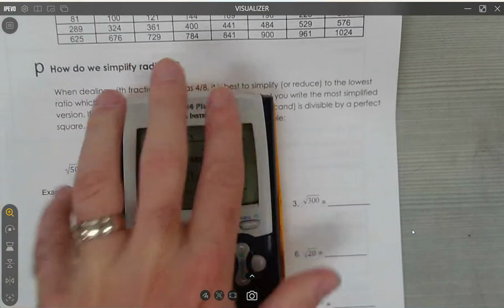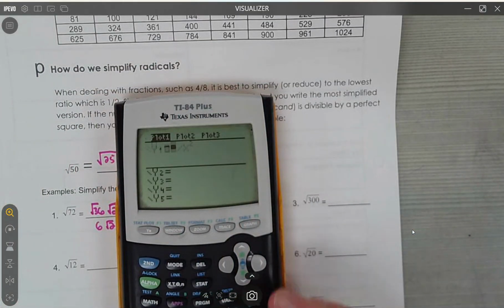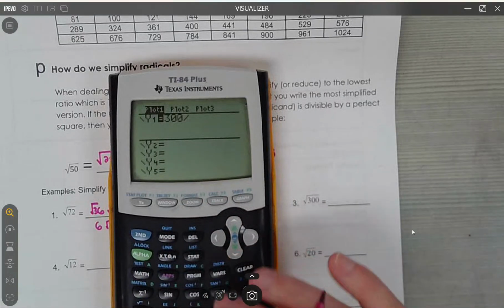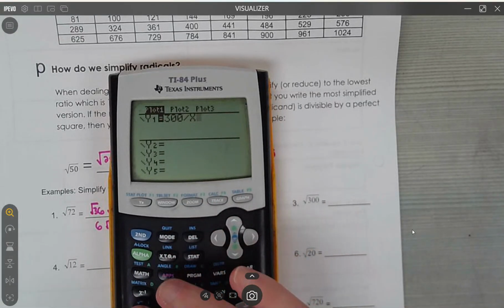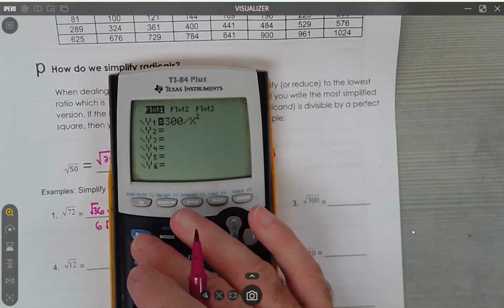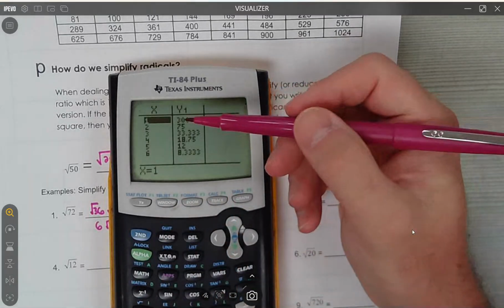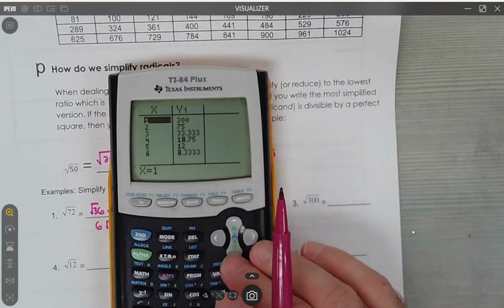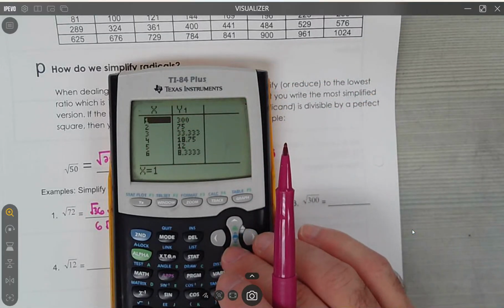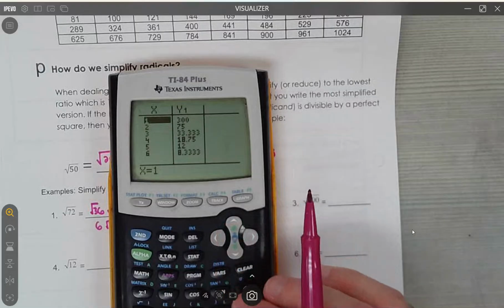Well, now let's look at 300. I'm going to take 300 divided by x squared. It's a bigger number, so we have to see which numbers go into it. 1 goes into it, 2, 5 goes into it. We could check, 6 doesn't.